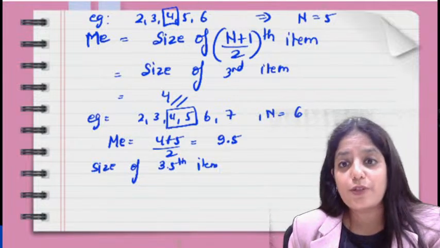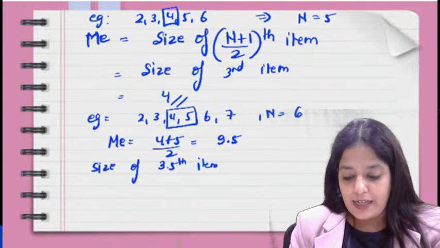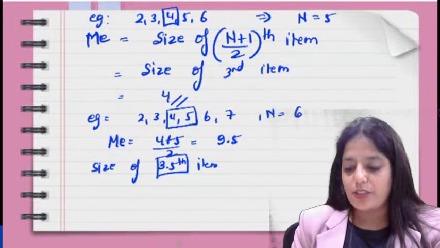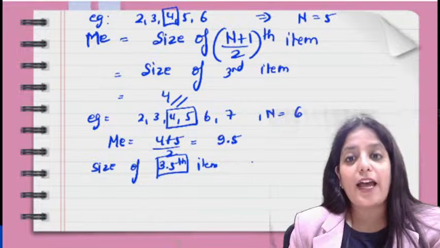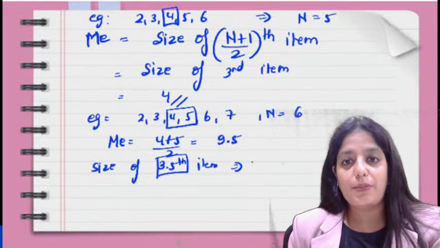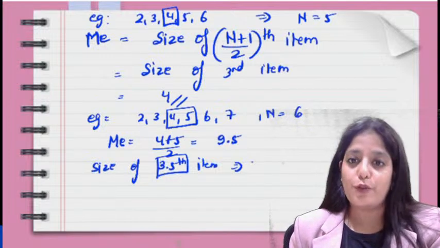So how will we calculate the median? Simply understand that this 3.5 comes in between two positions, that is third and fourth position. So we will take the average of the numbers sitting at the third and fourth position.